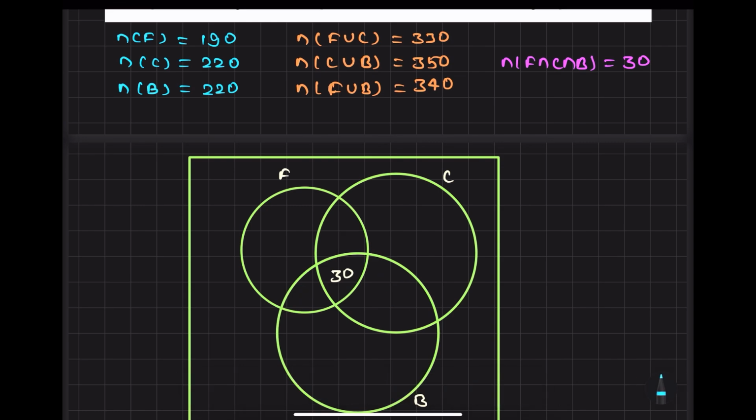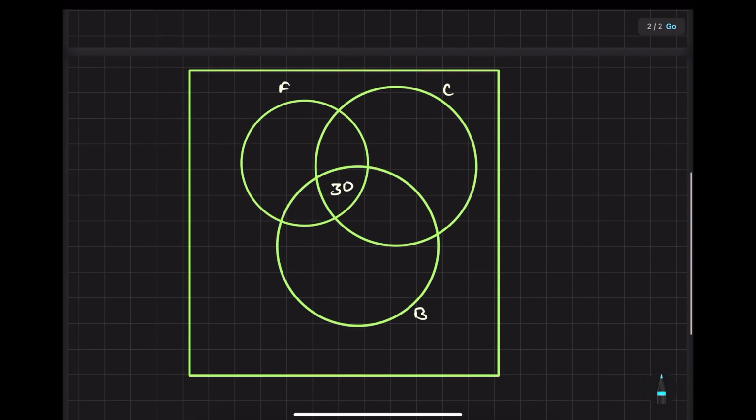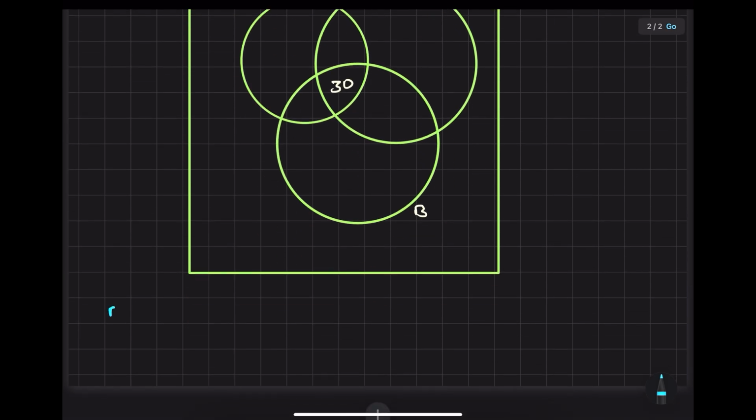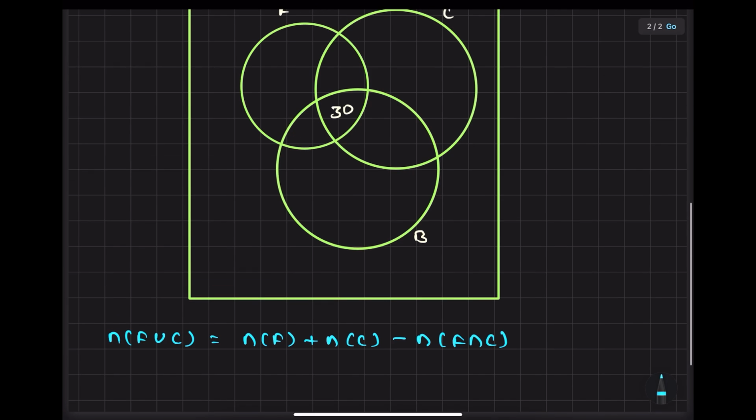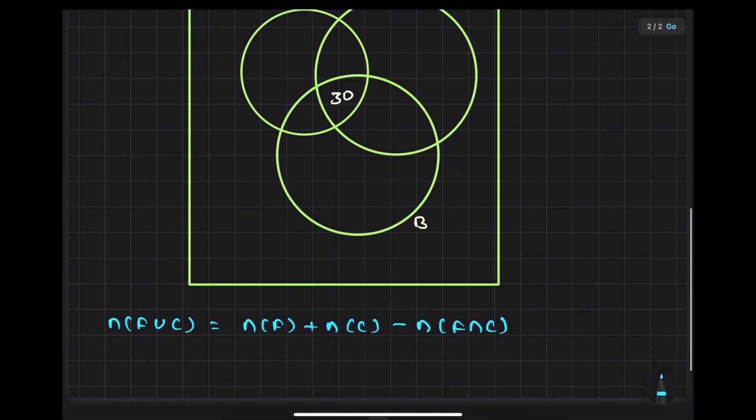For that we have to find F intersection C, but you have F union C, so you don't have F intersection C. So first try to solve for that one. Can I go with the union formula? N of F union C is N of F plus N of C minus N of F intersection C. F union C is 330.